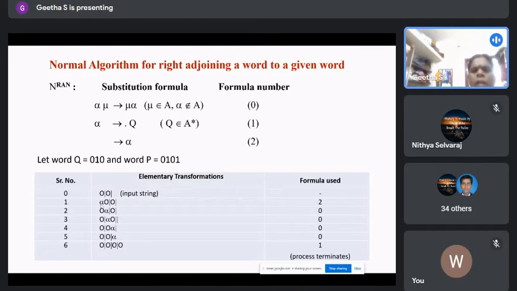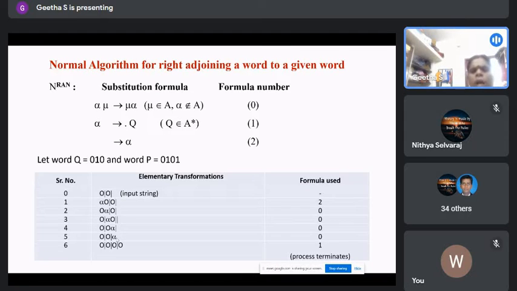We apply the substitution formula: alpha mu is changed to mu alpha. The remaining input values stay the same. Next, alpha 1 is substituted by 1 alpha. Next, alpha 0 is replaced by 0 alpha. Next, alpha 1 becomes 1 alpha.